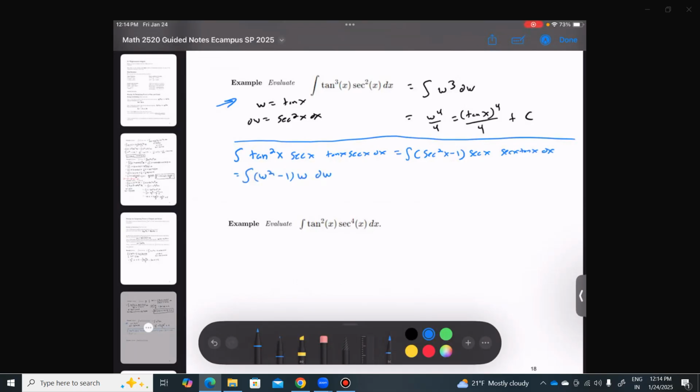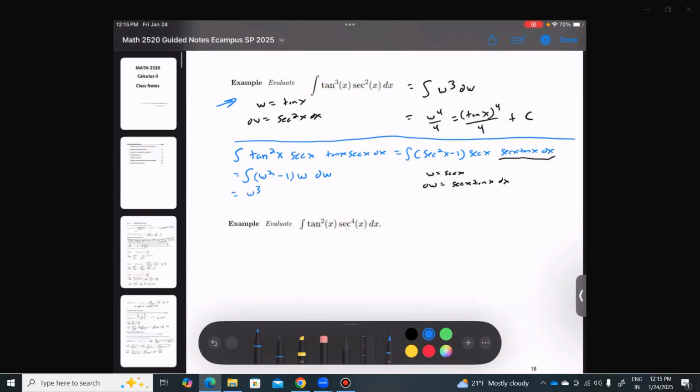Okay, so with that, w equals secant x, dw equals secant x tangent x dx. So that's that part. And now this is something we can solve. So we'll distribute: w cubed minus w dw. Yeah, that makes sense.